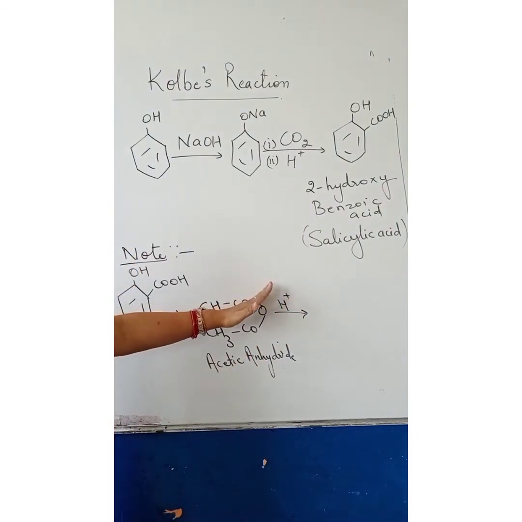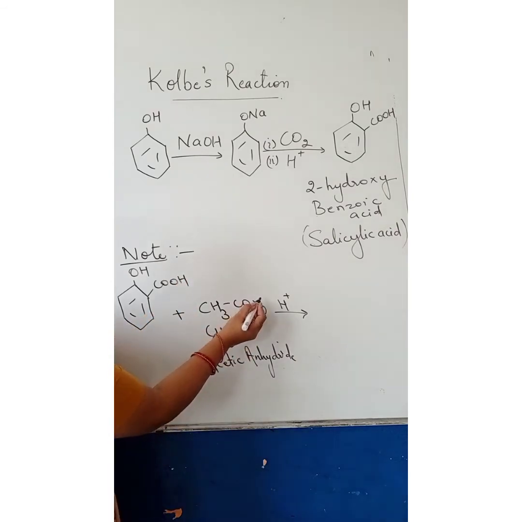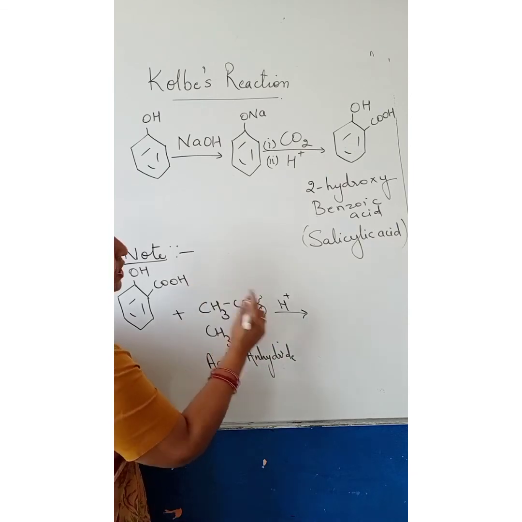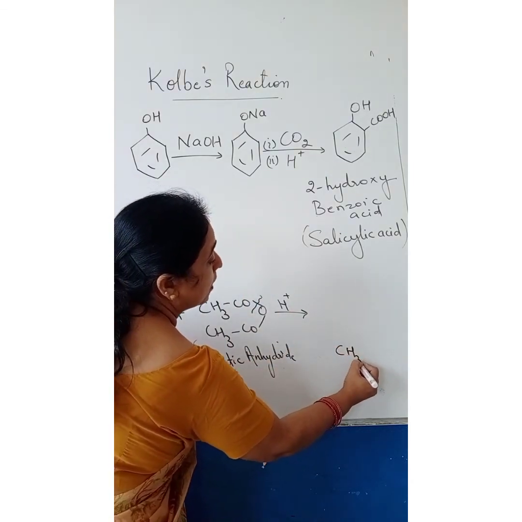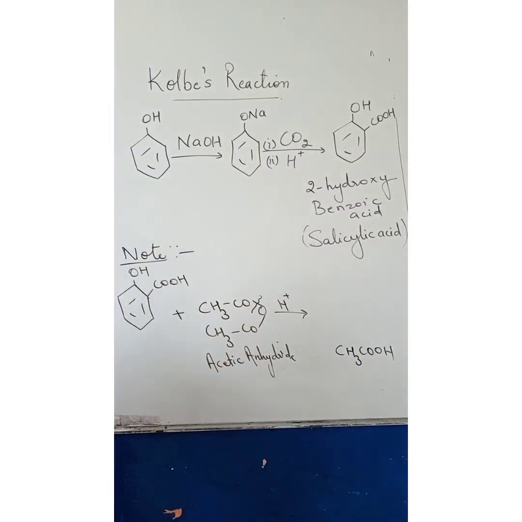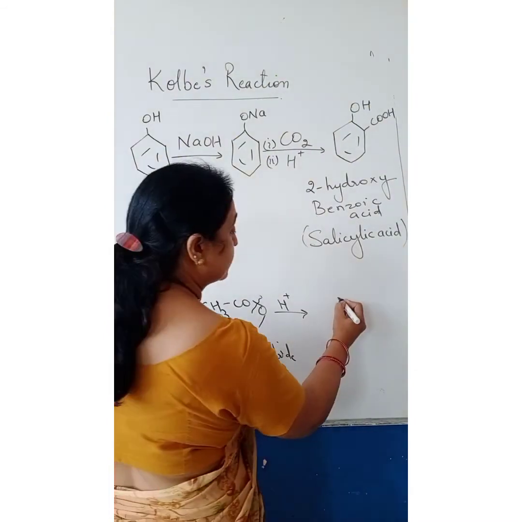Any one of the bonds will break, and from here it will get replaced. OH from here and H from here. Suppose this bond breaks from here, then CH3COO and H is going to form CH3COOH as the byproduct, and CH3CO will get introduced there.